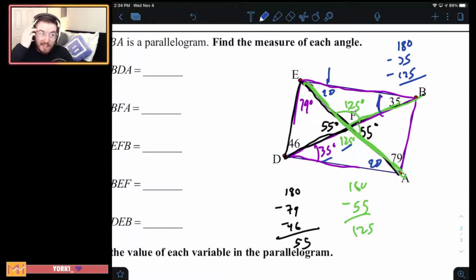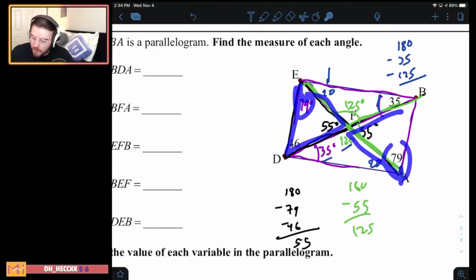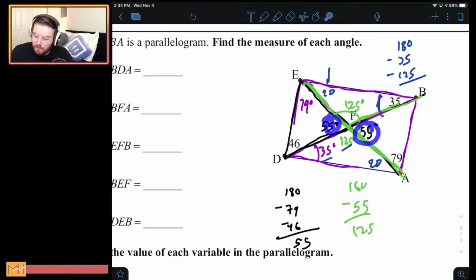It's like the exact same triangle. It's just been rotated, of course. So if this is 20, that's 20, 35, 35. And this is the same triangle right here, too: 79, 79, 55, 55. So therefore, that last angle must be 46.